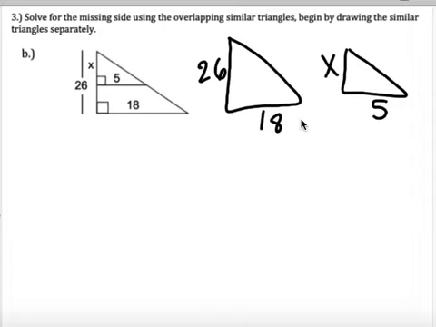Okay? So then, pretty straightforward here. Not a lot of math to solve. We just set it up maybe as x over 26 equals 5 over 18. Okay, so lots of different ways to set up these proportions. It's just however you are comfortable with that. 5 times 26 is 130.